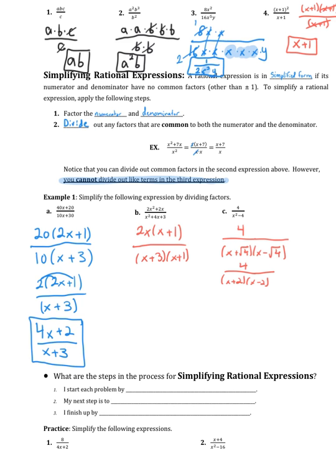So for parts B and C, I start by factoring, numerator and denominator respectively. In part B, I can factor out a 2x out of the numerator, and I'm going to be left with an x plus 1. In the denominator, I'm going to get an x plus 3 and an x plus 1.